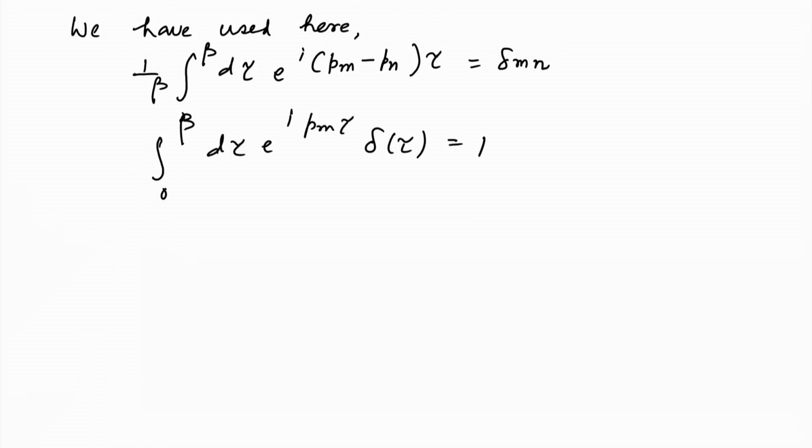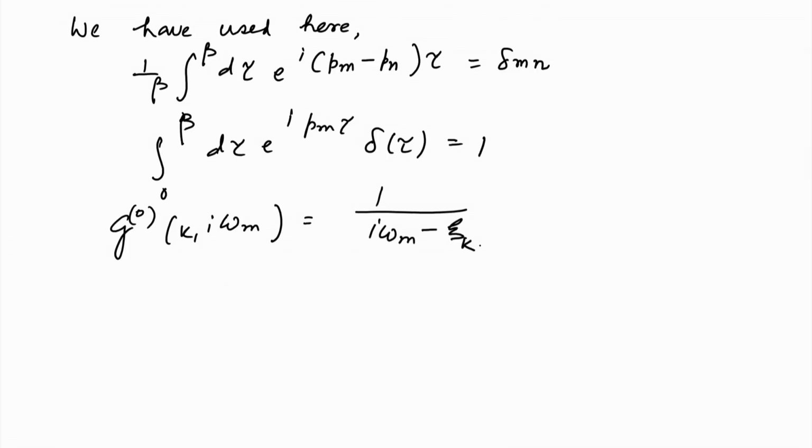Now, we know that G 0 k i omega m, where we are writing it as omega m, equals 1 over i omega m minus psi k.